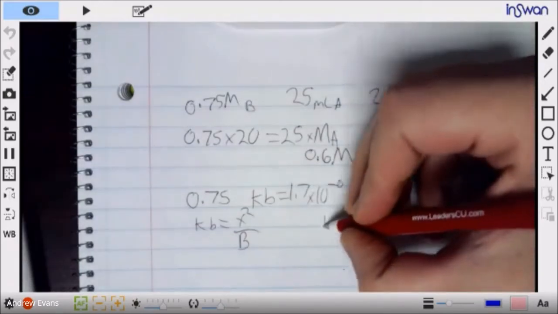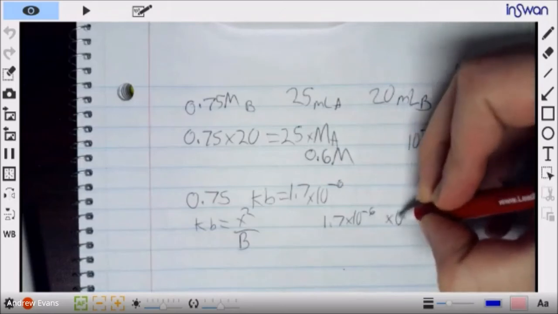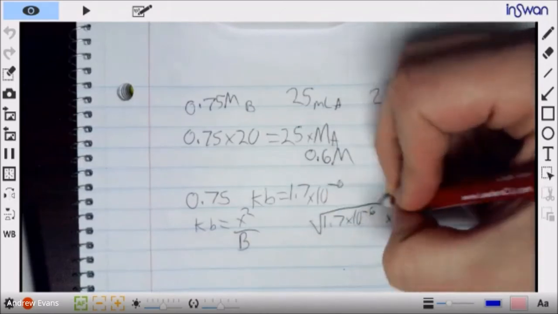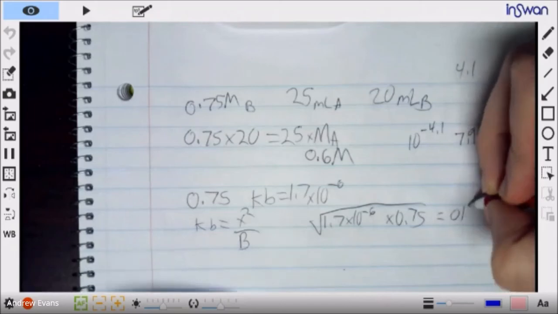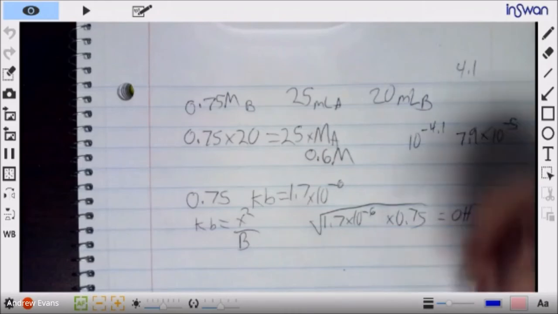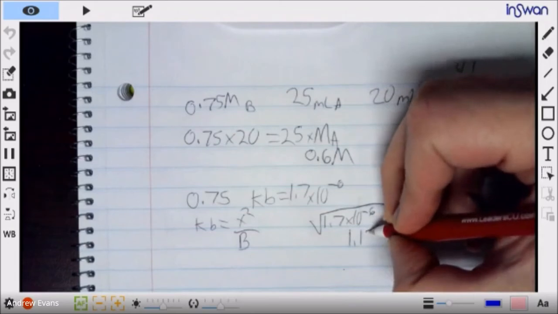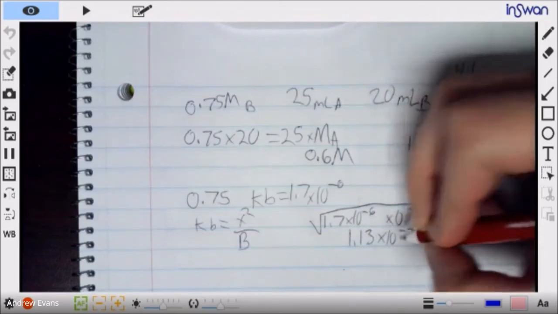So 1.7 times 10 to the negative 6th times our 0.75, and we're going to square root that, and that's going to give us our concentration of OH minus. Square root of 10 to the negative 6 times 0.75. Concentration of OH minus is about 1.13 times 10 to the negative third.